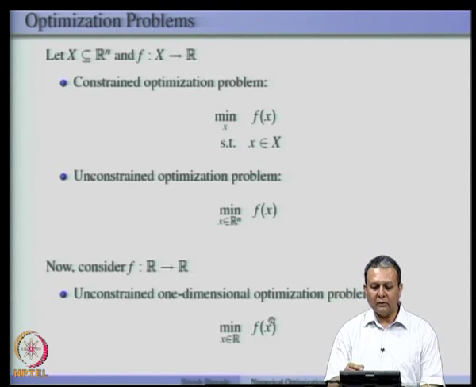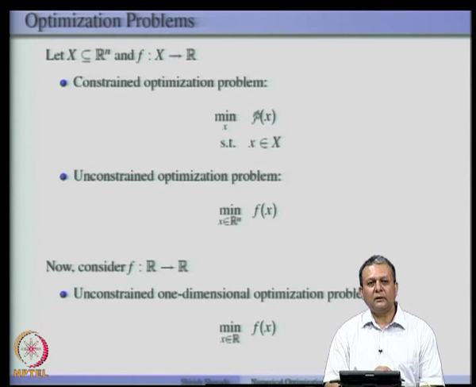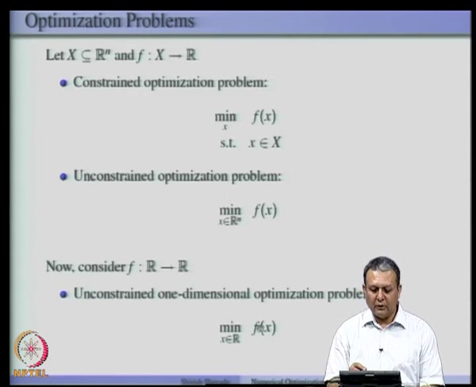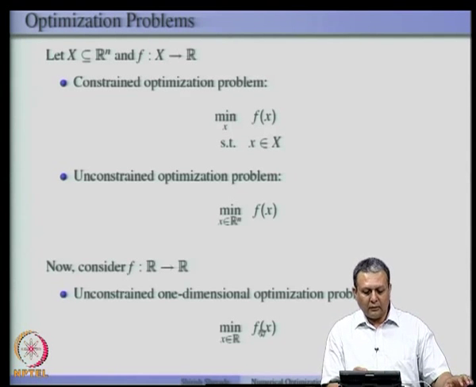They are very important to solve unconstrained multi-dimensional optimization problems, and these are important to solve the general constrained optimization problem. So, this being an important problem, we will spend some time studying the solutions of these types of problems.